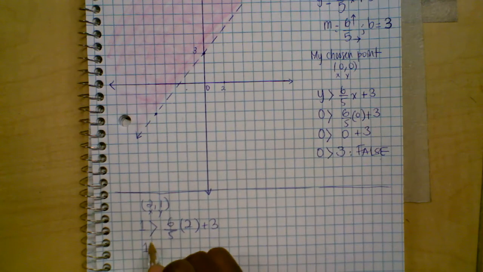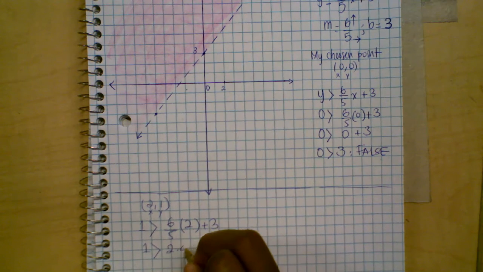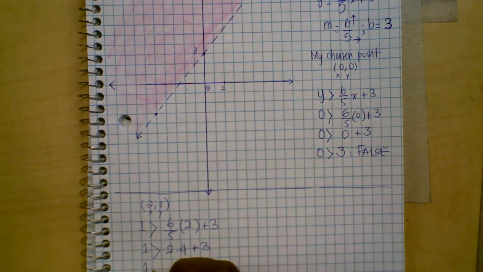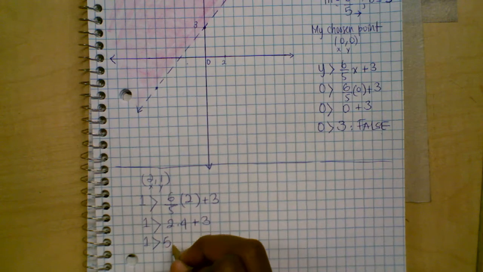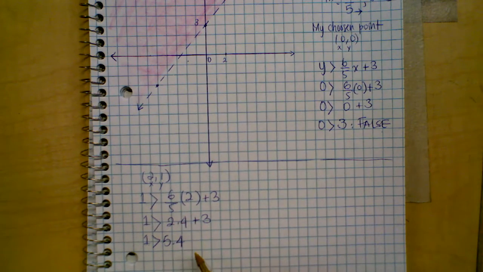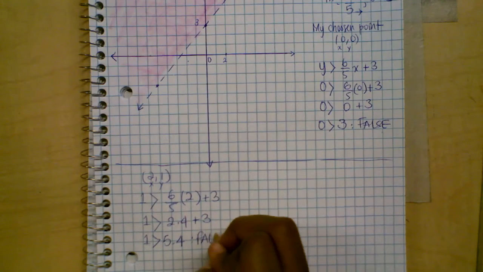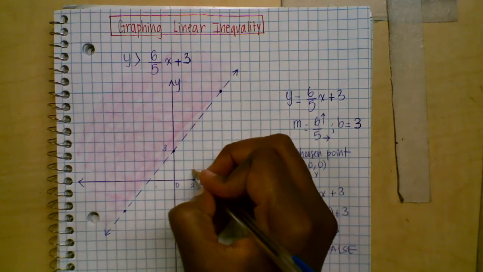So I have 1 is greater than, approximating, 6 times 2 is 12, and 12 divided by 5 is about 2.4, plus 3. Adding those two numbers, I have 5.4. Can 1 be greater than 5.4? Never. It's false.